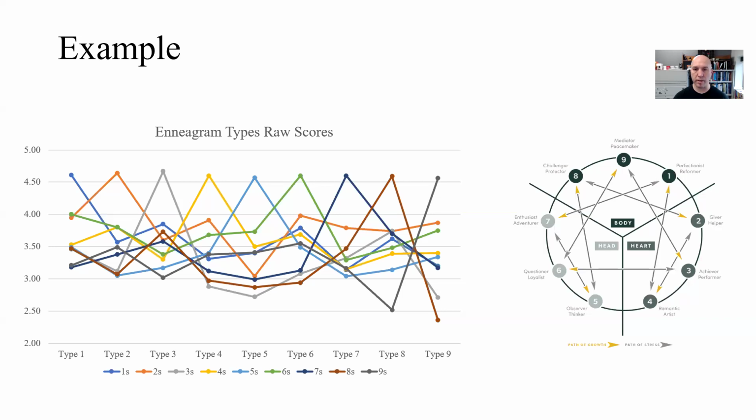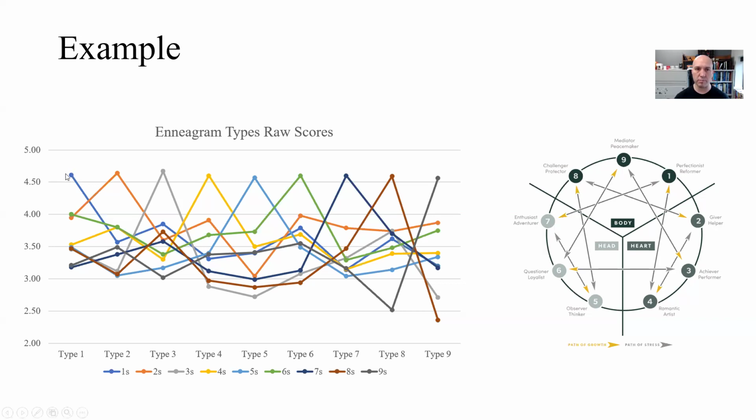But what happens when we do look at 9 types? When you do a latent profile analysis, you can actually specify how many types, classes or profiles you want to come out from it. So if we force it to create 9 types from the data set, this is essentially what we should see. This is just the raw scores, and you can see each type.